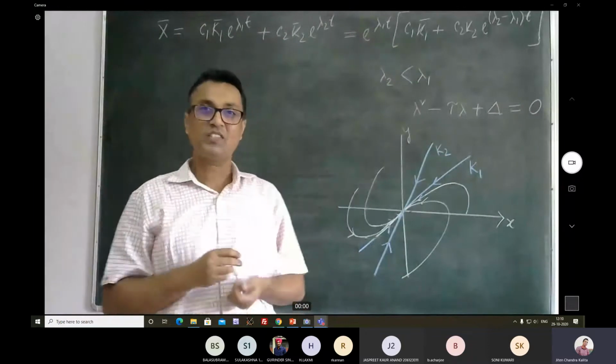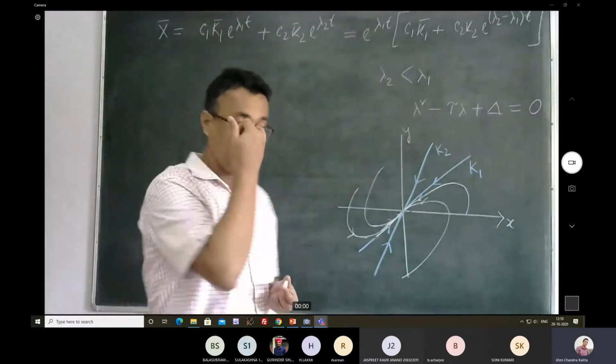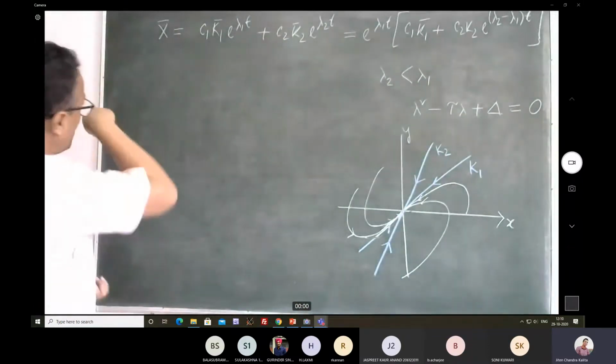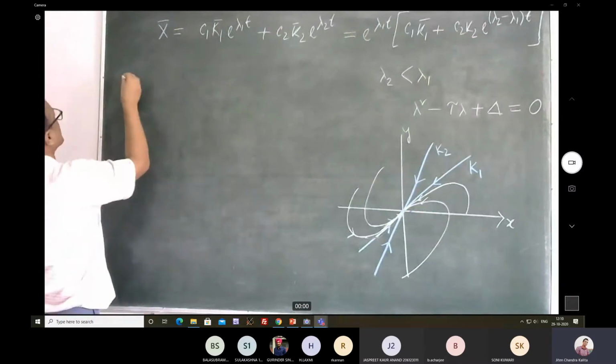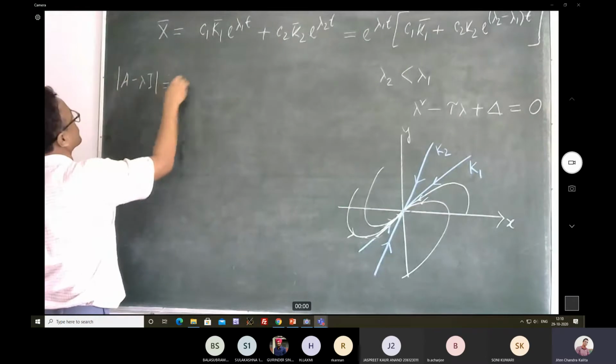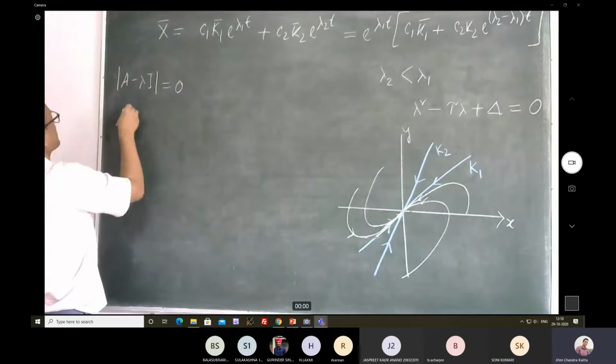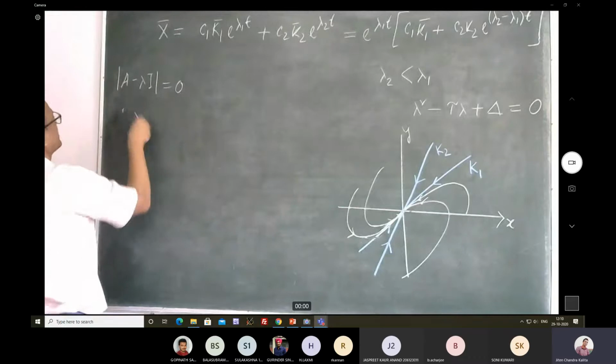Okay, so let us start with where we ended yesterday. If you recall, we were looking at the roots of the characteristic equation, this equal to 0, for the system of equations.